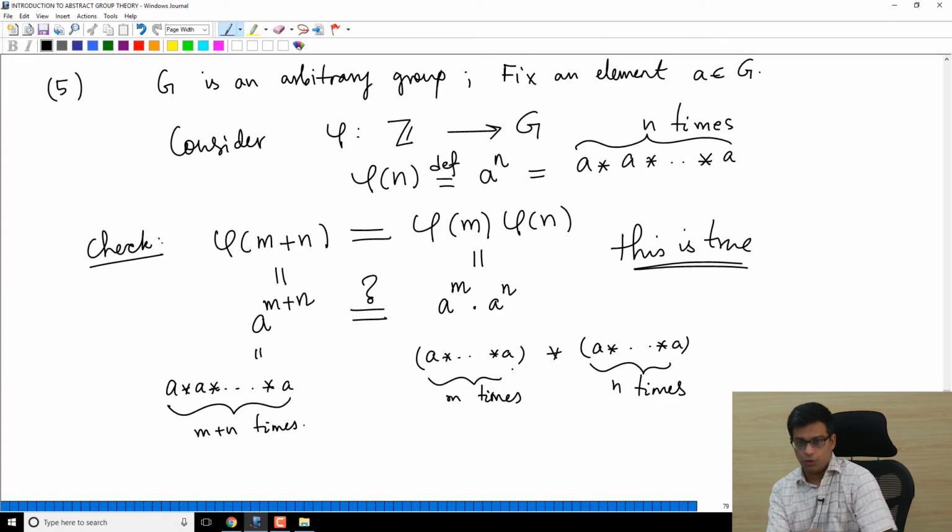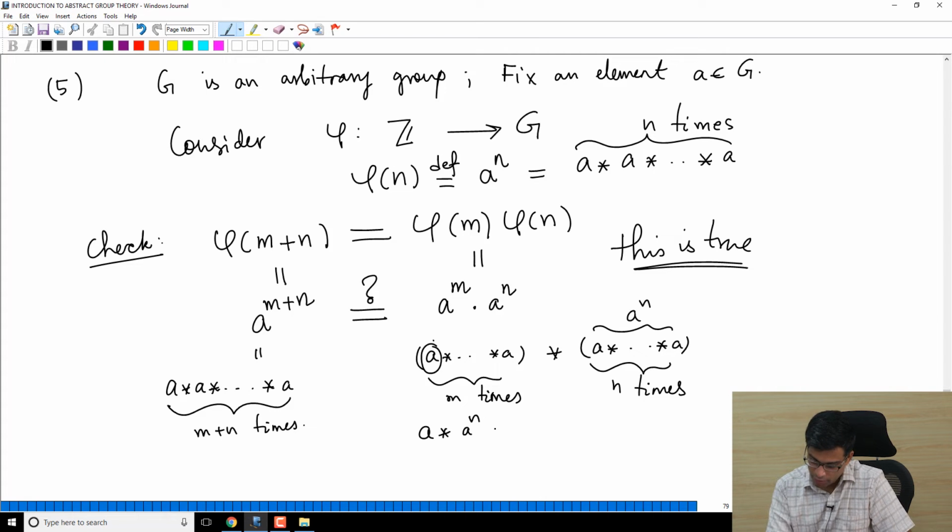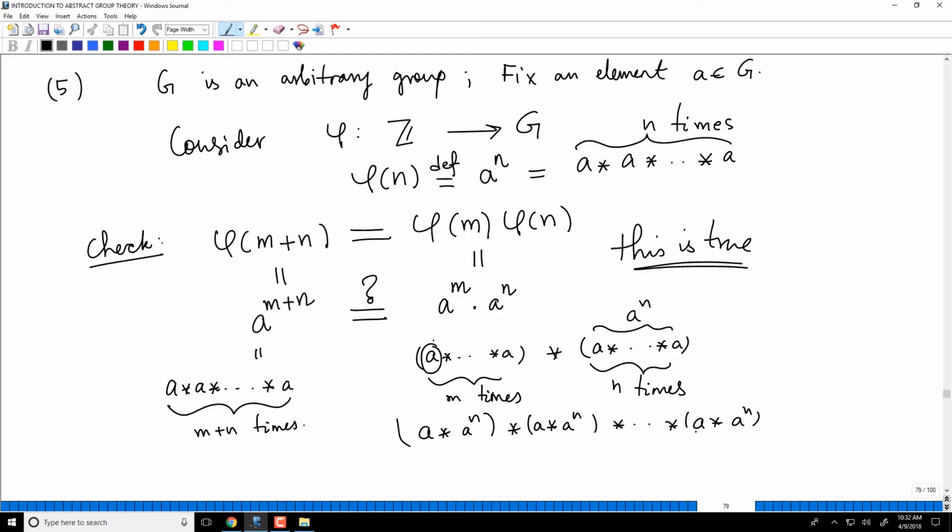If you use associativity of the group operation and expand this out, you keep doing this one by one, and you get A power m plus n.